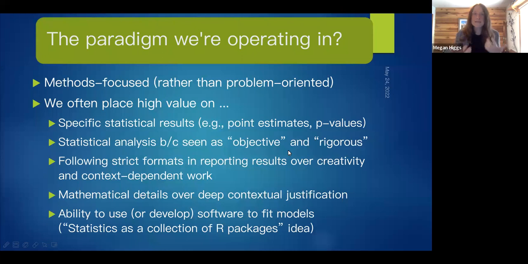I think the biggest thing is that we are very methods focused right now, in my experience over the last, really, 30 years in science, rather than scientific problem oriented, or even decision-making problem oriented. Some of this culture comes with placing a really high value on particular things.